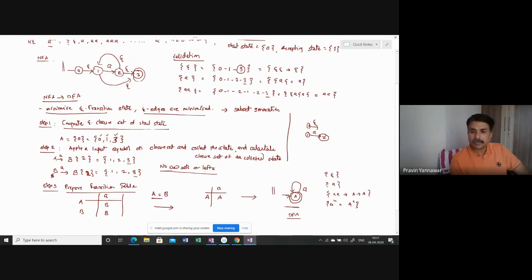But in case of a deterministic finite automata, I would like to bring to your notice that in this case, look at here, you have only a vertex A, labeled vertex A, with only one edge leaving with only one input symbol. So this is really very important. Now if you have any questions, you can come back to me.